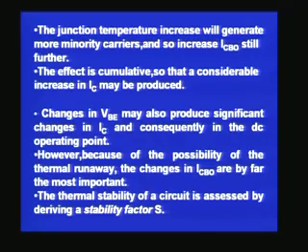When the current increases, the I square R heat dissipation which is generated will also increase. So when the junction temperature increases, you will find more ICBO will be generated. More ICBO means larger IC, and larger IC means larger temperature.